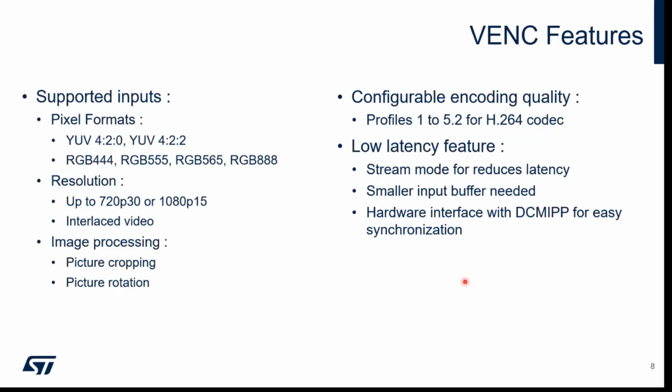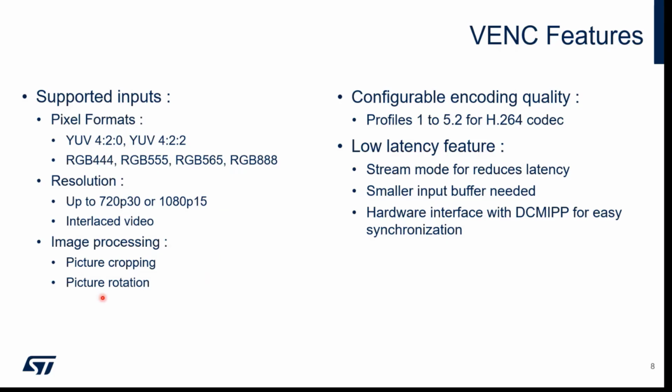To summarize the features of this peripheral, we support different kinds of input pixel formats. We support either HD resolution with 30 frames per second or full HD resolution with 15 frames per second.